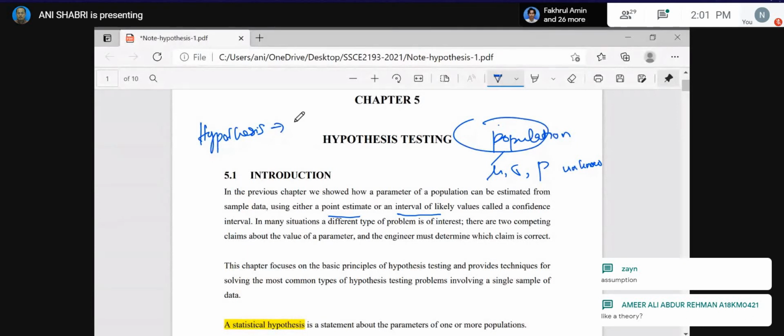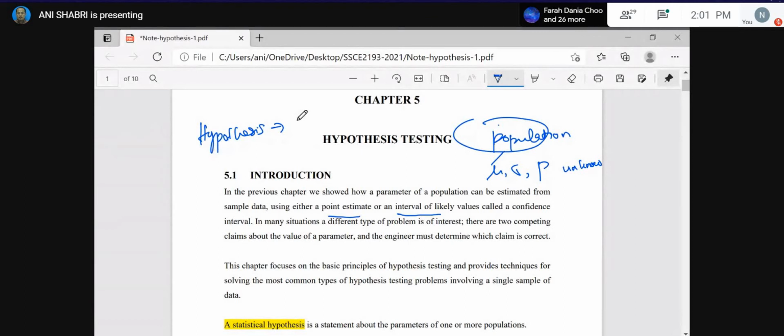We can say hypothesis is just a statement. One statement can be true or false. This is just a statement. Okay, for example, many students will get A in statistics.